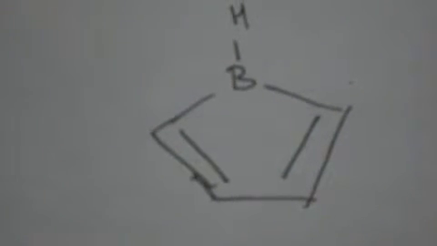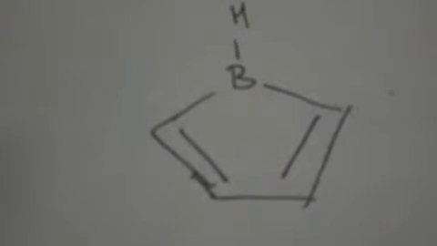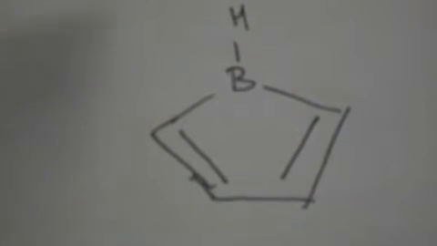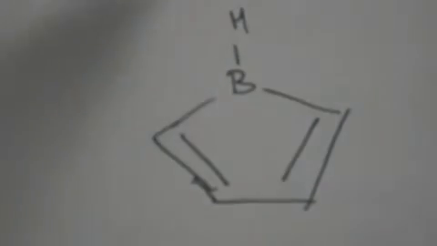So here we see 1 double bond, 2 double bonds, and here we just see boron connected to 3 different atoms. But the rule says that all atoms have to have a p orbital, not necessarily filled ones. Boron has a p orbital, even though the p orbital is empty, so we consider that as having a p orbital, and it fulfills that rule.